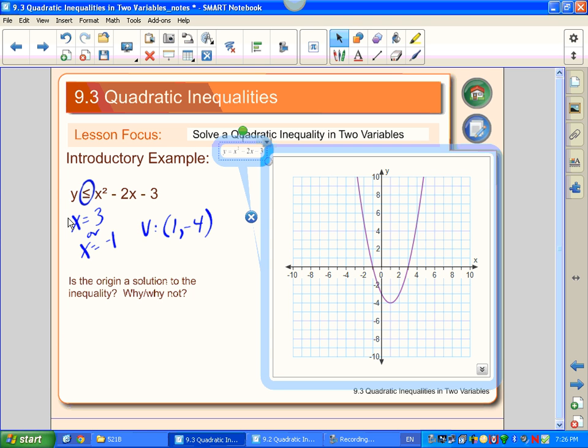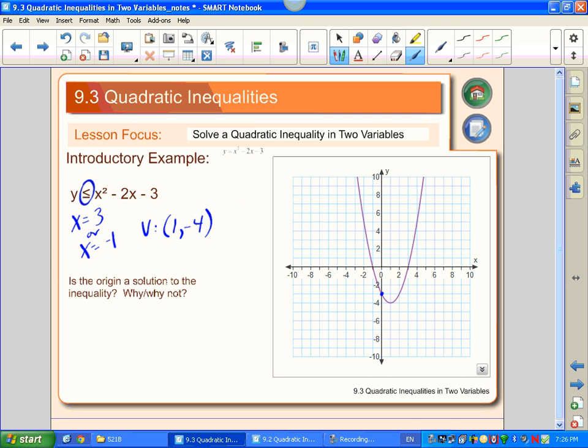And just like with our linear inequalities, when we're dealing with the lines, it is less than or equal to. So if I think about the fact that I have my y-intercept at -3, I need a number less than -3, let's say -6. This has to be in my solution. Or we can think about it as numbers less than that curve.